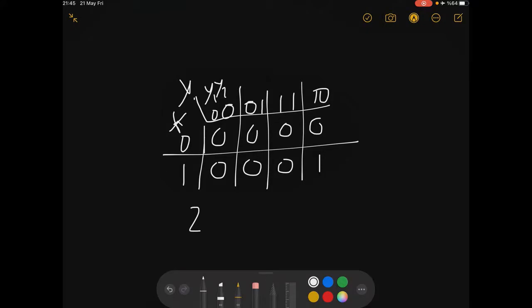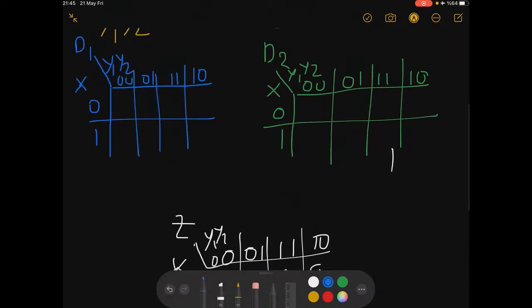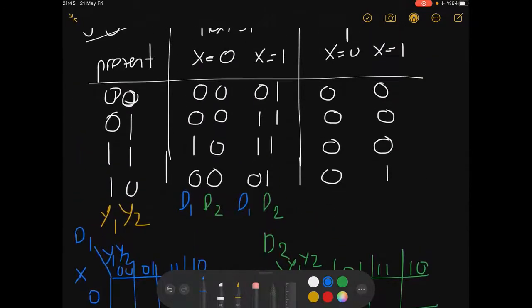So you write it like this, and your Z. Okay, oops, I'm sorry. This one should be Z, right? Your Z equals X, Y1, Y2 not. All right. And your D should be what? I go like this for D, and I go like this, D again.